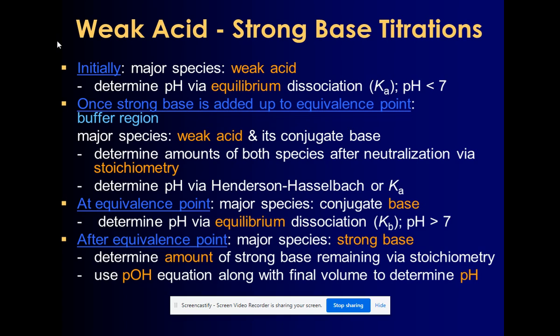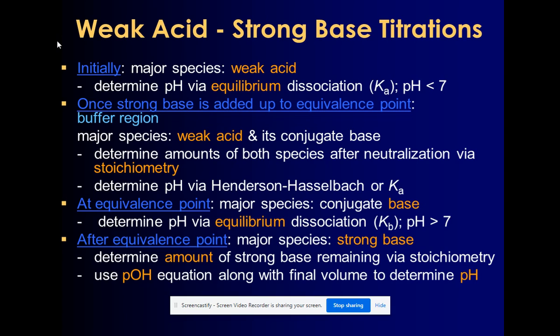At the equivalence point, you have used all of your weak acid, you have used all of your strong base. The only components that you have present would be water and the conjugate of that weak acid, your conjugate base. And bases are going to have more of a role in determining the pH than water.